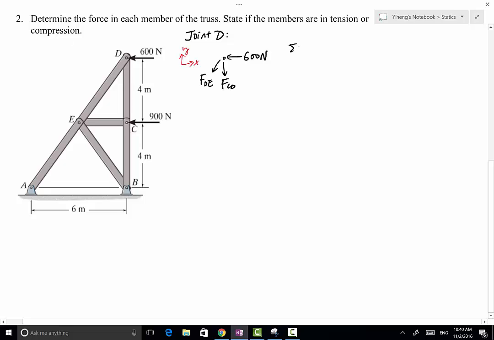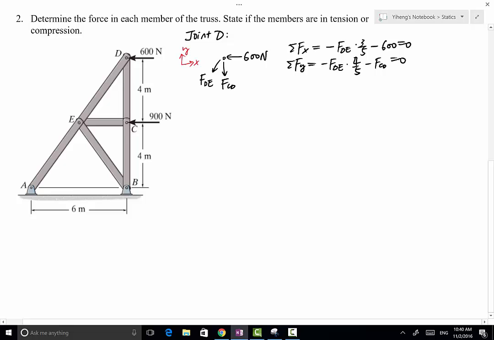Along the X direction, we have the X component of FDE, that is negative FDE times 3/5, and then we have another 600 Newton force also pointing to the left, negative X direction, and that equals 0. Then for the resultant force along the Y direction, we have negative FDE, its vertical component, that's 4/5, and then minus FCD, because it's also vertical down, and that's also 0.